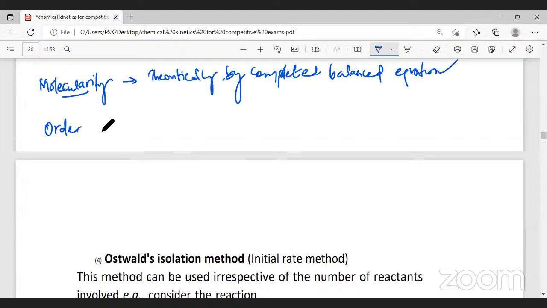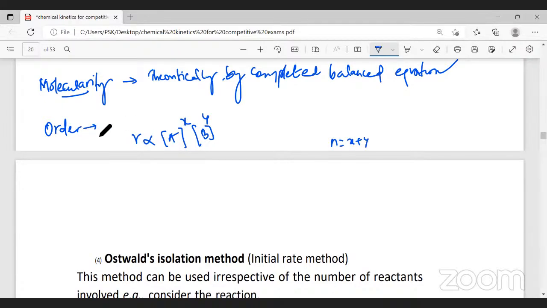And order is defined as the sum of the powers of the concentration terms. If I write the rate equation with A and B as the reactants and the powers as x and y, the order of the reaction is the sum of x and y.